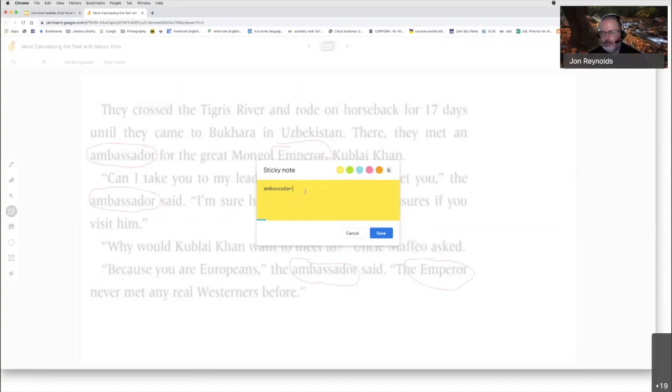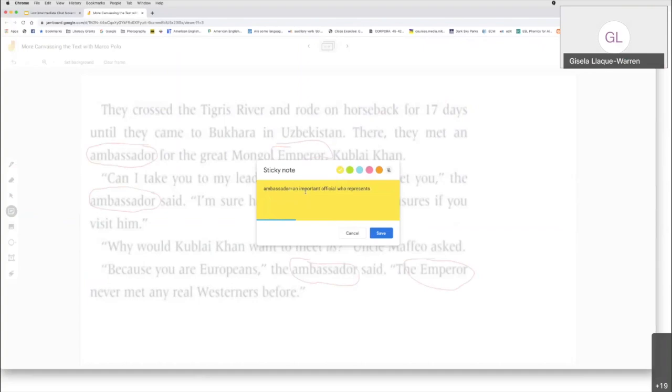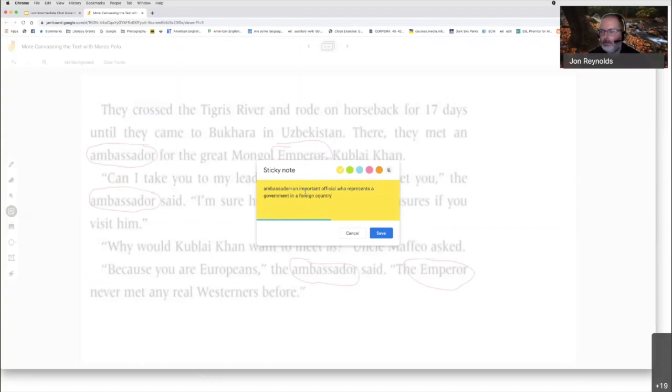An important official who represents his or her government in a foreign country. Okay, so who represents a government in a foreign country. Is that correct? Everybody else? Did you find that definition? Yes. Okay.